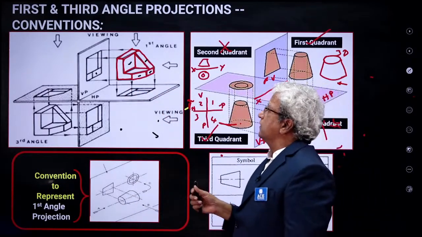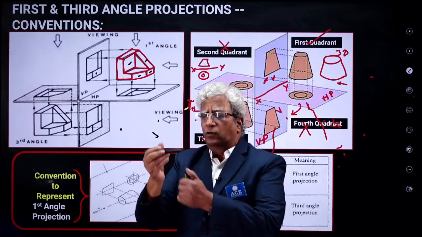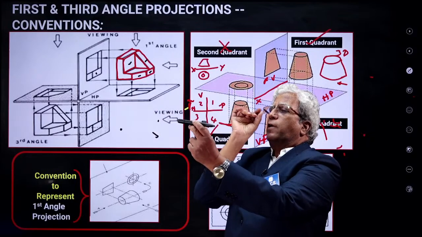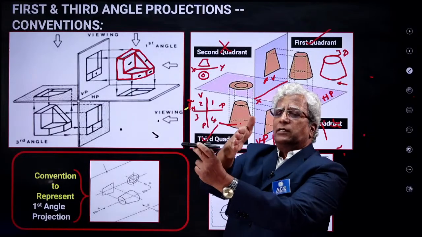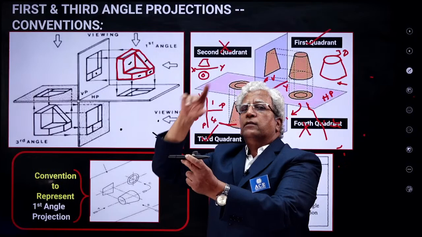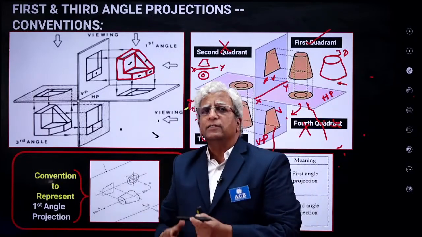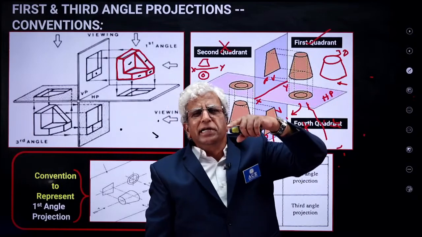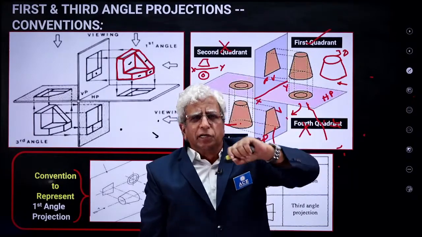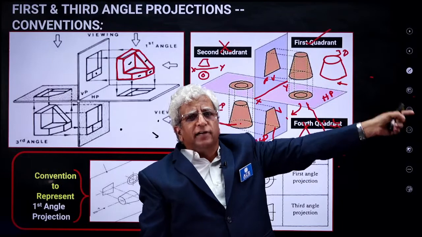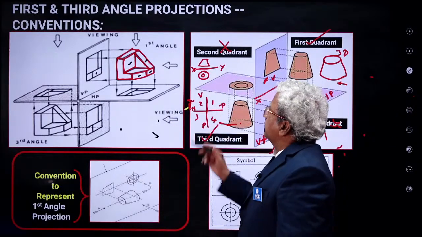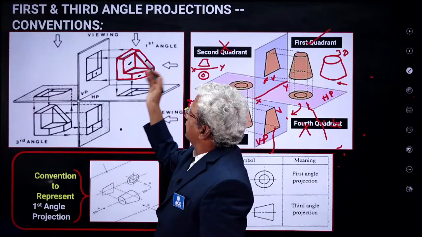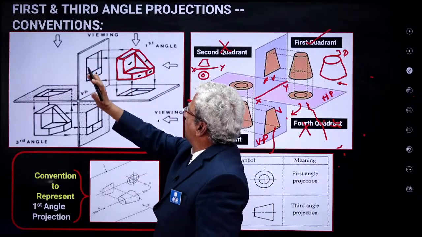When I am seeing this pen, my rays of light go like this in a divergent fashion. But for orthographic projections, we take only parallel projection. That means we assume the observer is at an infinite distance. At an infinite distance, the lines are parallel and perpendicular to the plane.